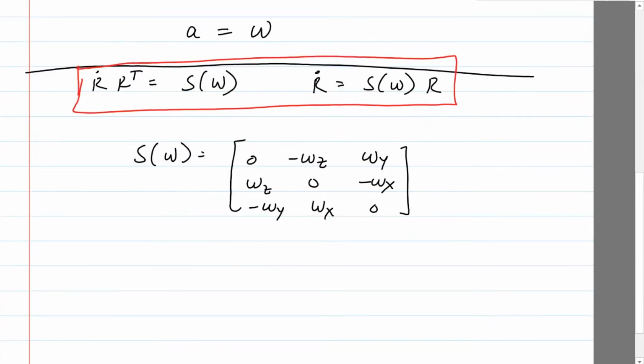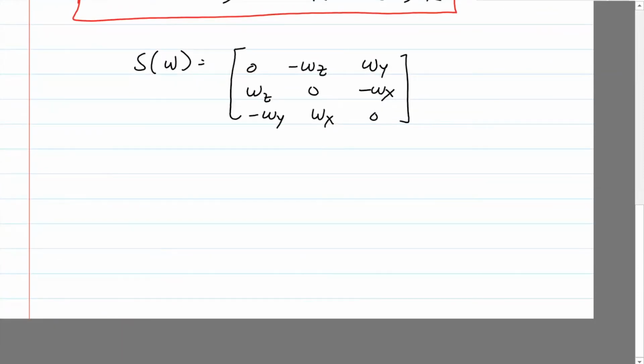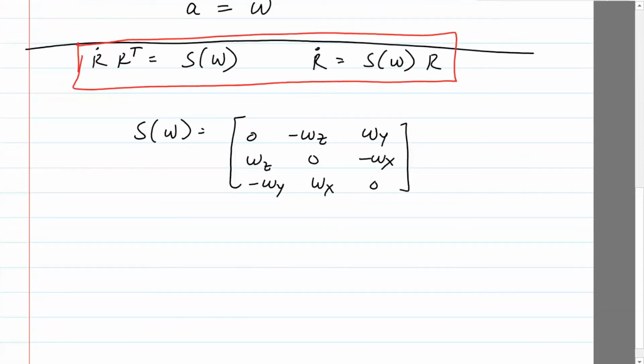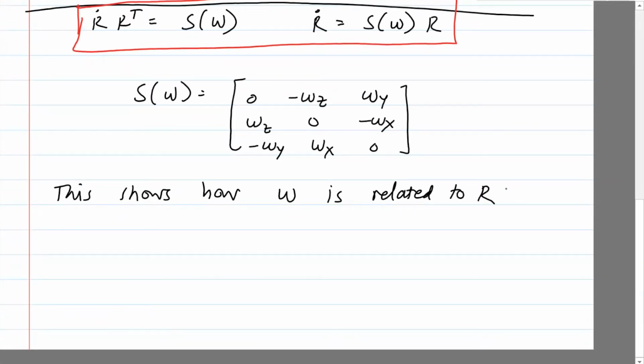And what we'll do next class, so basically here we found how omega is related to R, or the rotation matrix. What's R? R consists of RZ, RY, RX, or what's RZ psi, RY theta, RX phi.